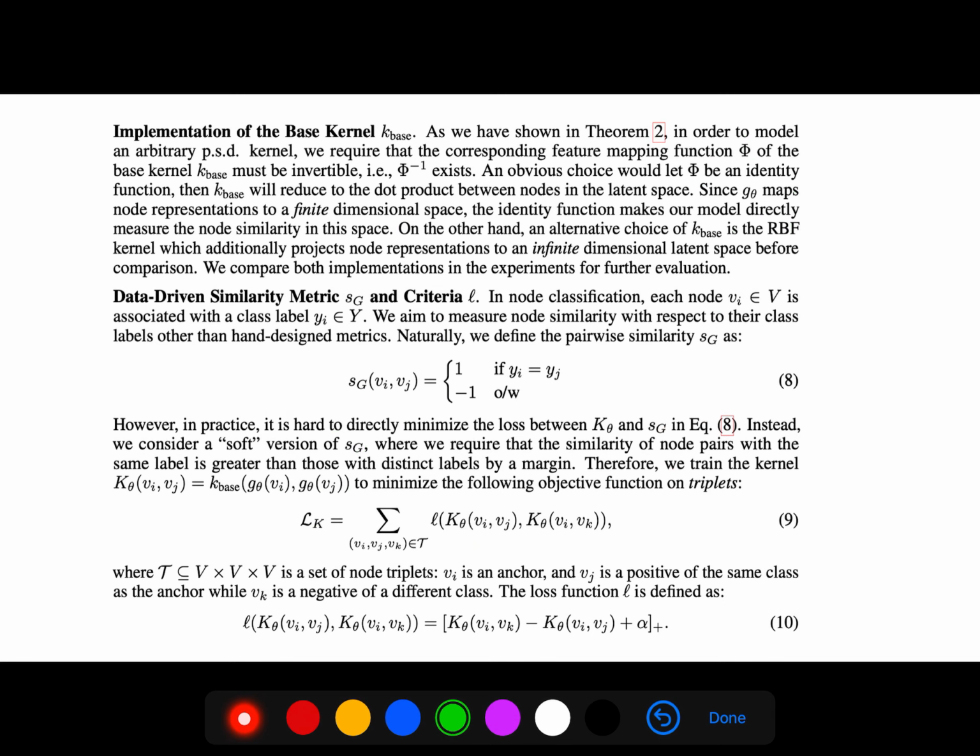So in node classification, we train the kernel to minimize the objective on the triples, because we aim to measure node similarity with respect to class labels and not hand-designed metrics. And we define the pairwise similarity like this.